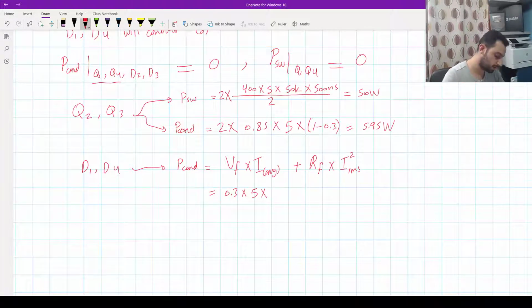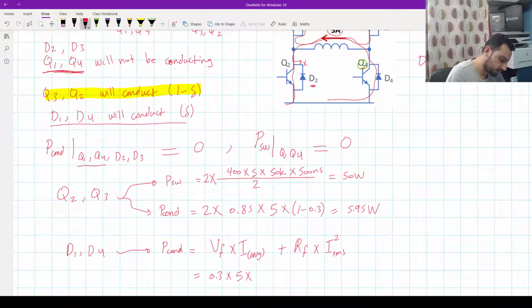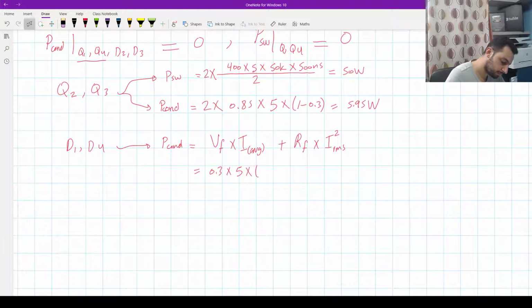Okay, D1 and D4, as mentioned here, are conducting during delta. So it will be 0.3 plus RF, which is 10 milliohm, times the RMS value square. RMS value is 5 times square root of 0.3.